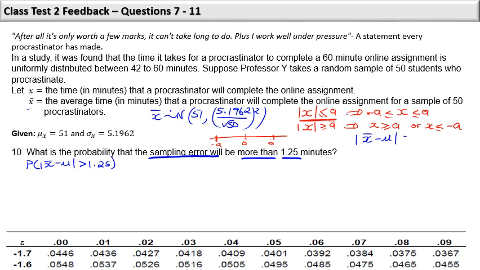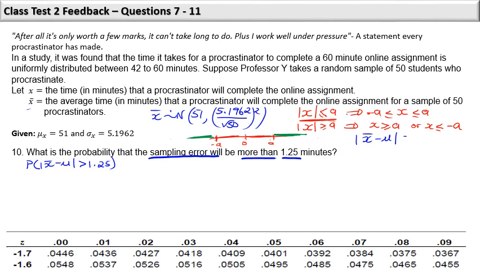So if we are looking for this distance being less than or equal to a, it covers this part. And the moment we go to greater than, we are covering the distances greater than a, and so are these. So that is why we say x greater than a, or x less than negative a.